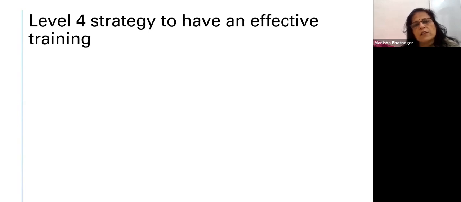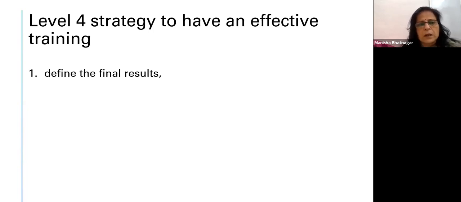So level 4 has a strategy. To have an effective training for level 4 evaluation, the first thing is you must define the final results. When you start the training itself at the training needs analysis stage, you must be able to define what results you expect.